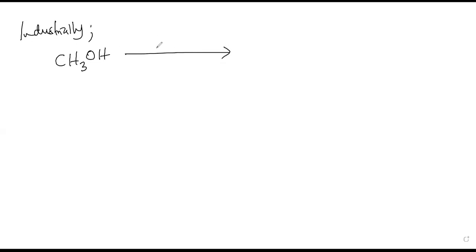So, industrially, but still we are continuing with the laboratory preparation, only that I've just brought it in. If you have methanol vapor, and you oxidize it using oxygen and silver catalyst at 500 degrees Celsius, you form methanal.